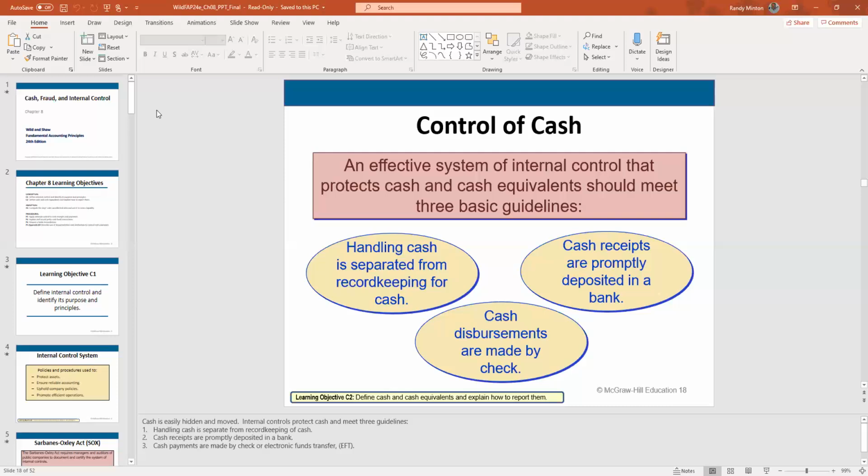So those are ways that we're actually going to do it, but we also have to make sure that we have an internal control system set up sufficient to handle any problems that we might have with cash. One of the things we're going to do is keep the record keeping for cash separated from the person who's actually doing the handling of cash. So if somebody's receiving the cash at the service counter, we're not going to allow that person to do the record keeping.